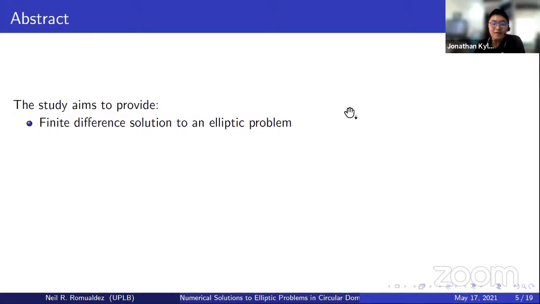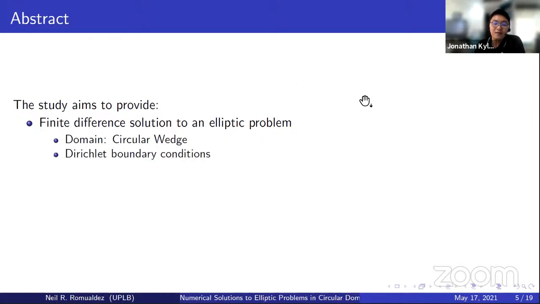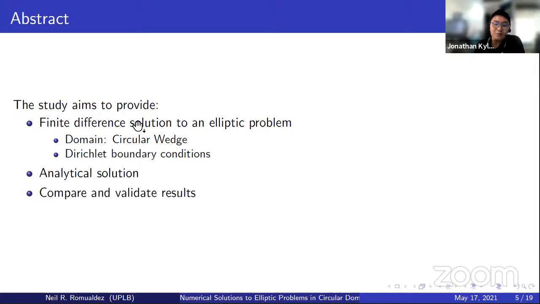The very figure he shows in this study is a circular wedge with the Dirichlet boundary conditions prescribed. So the study also provides an analytical solution, and he compares those two solutions. Since I said finite difference solution or any other numerical method is an approximation, you want to know if your solution is accurate enough. So you compare it to the exact solution, which is the analytical one.